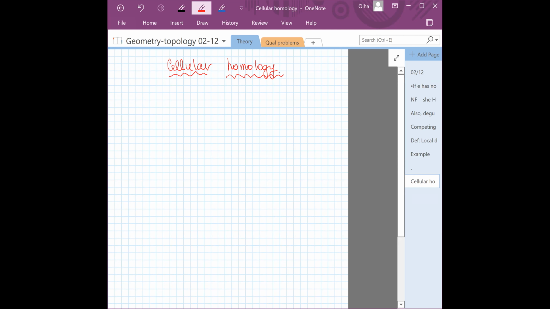This is another way to compute homology groups, and it's very effective, maybe more effective than the other ones because it's easier to use. Before we're ready to actually define the way to do this, we need a lemma.